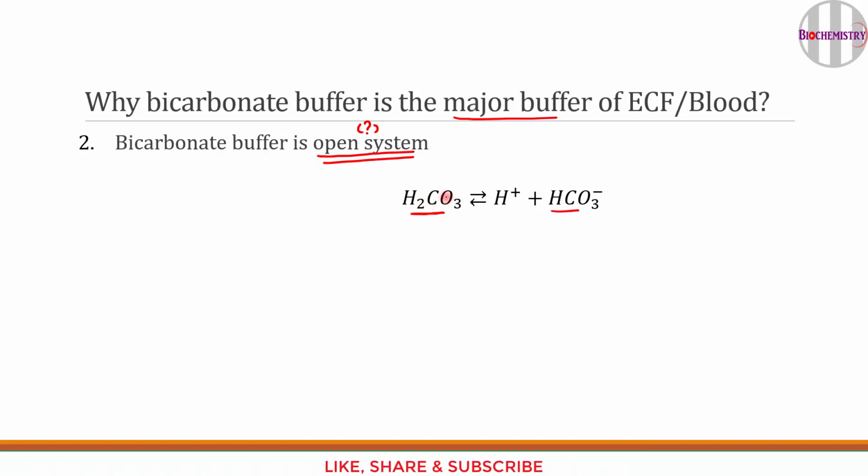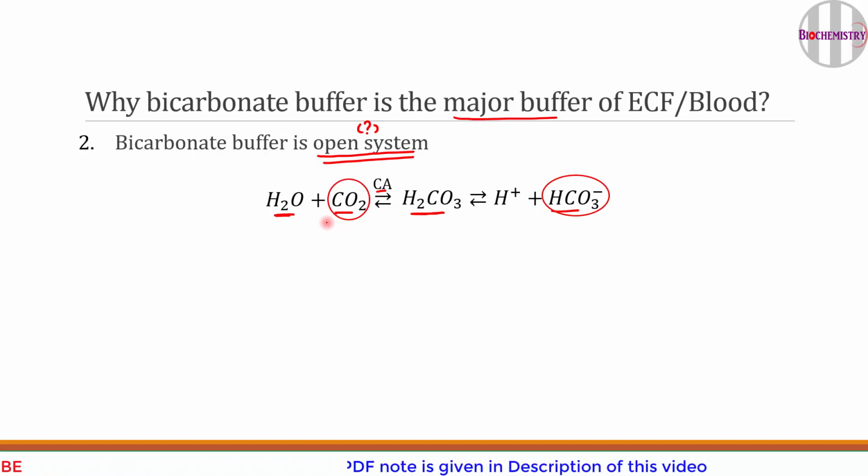This H2CO3 can be synthesized from carbon dioxide dissolved in water by the action of carbonic anhydrase. In this buffer system, carbon dioxide and bicarbonate can be added to the system or removed from the system.